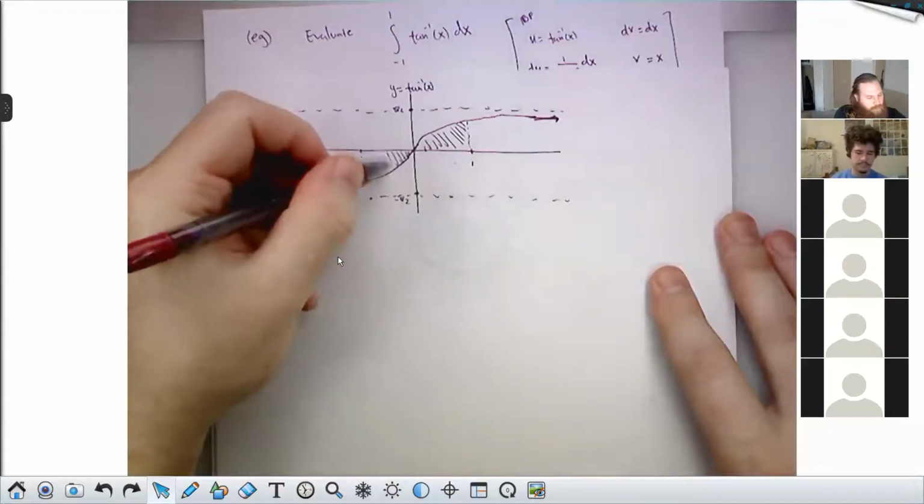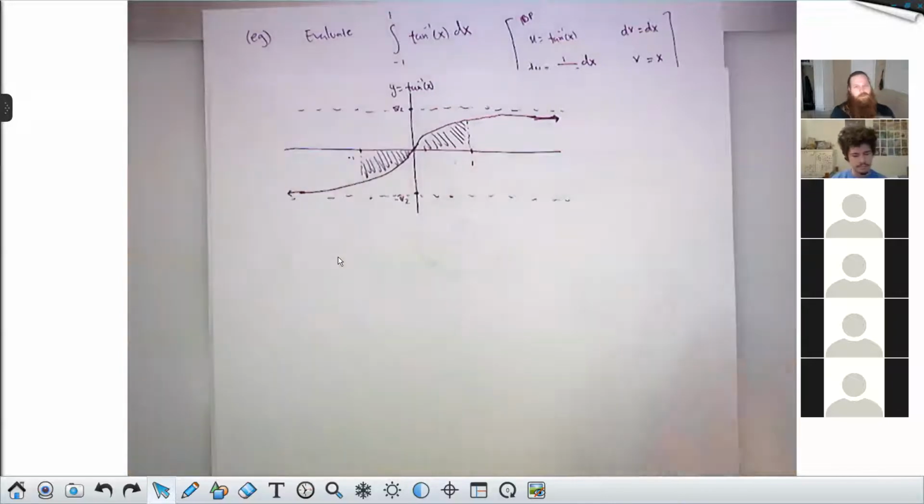The area bounded on the right above the x-axis is equivalent to the area bounded on the left below the x-axis.